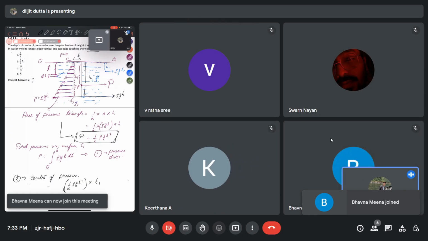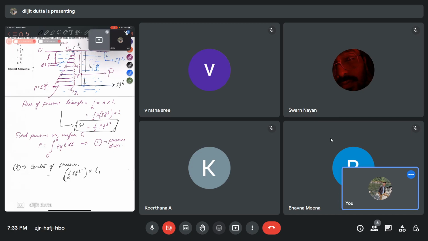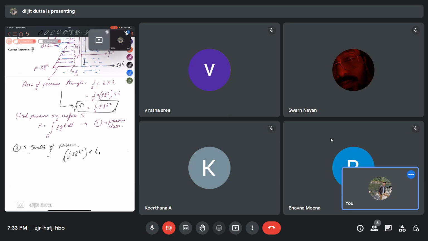So center of pressure is at a height of H1. So this total pressure from this triangle will be acting at the center of pressure. We take it as a unified, single point, H1. So this is the moment from the center of pressure criteria.